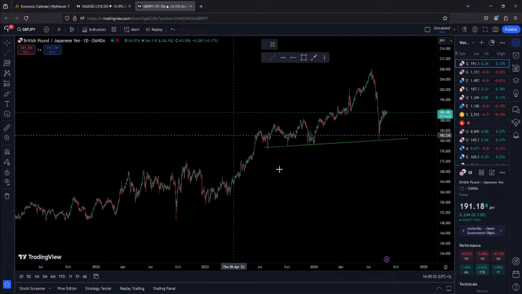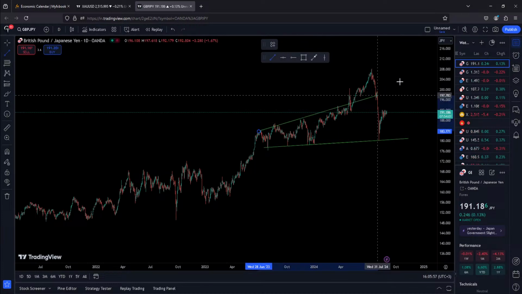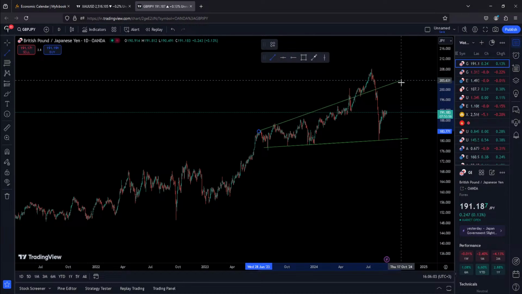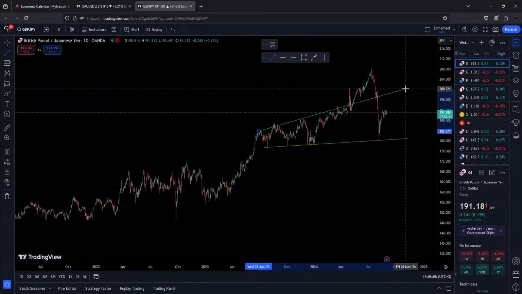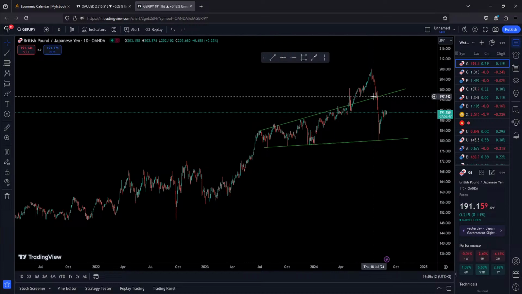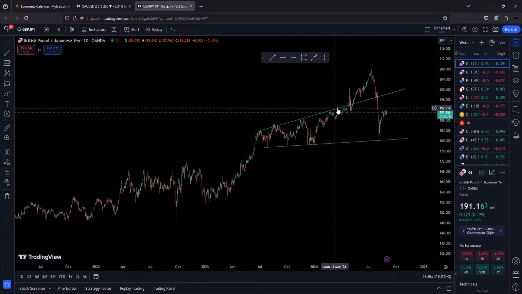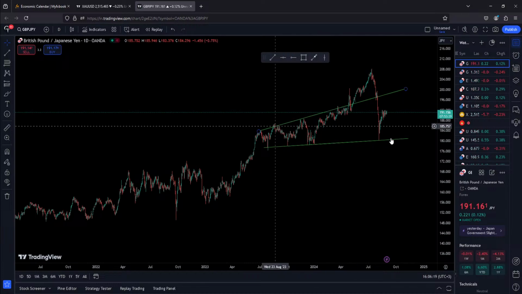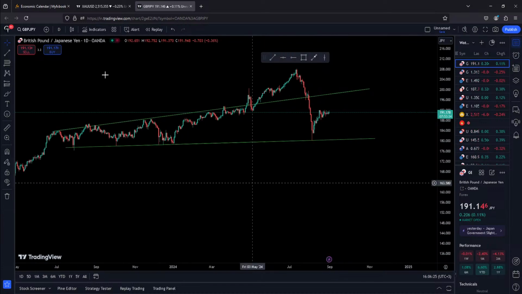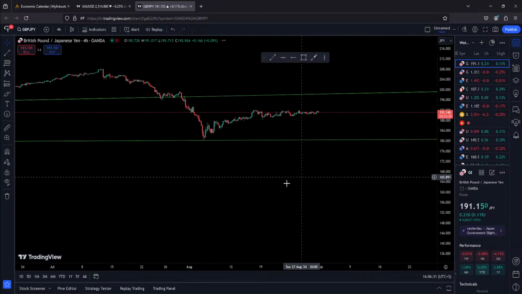And after that, this can be a second point because the market bounced back over here, then it went all the way down. From here as well, it rejected multiple times. So I think, yeah, this is good. Now let's go to the 4 hour time frame and see what's basically happening in the 4 hour.